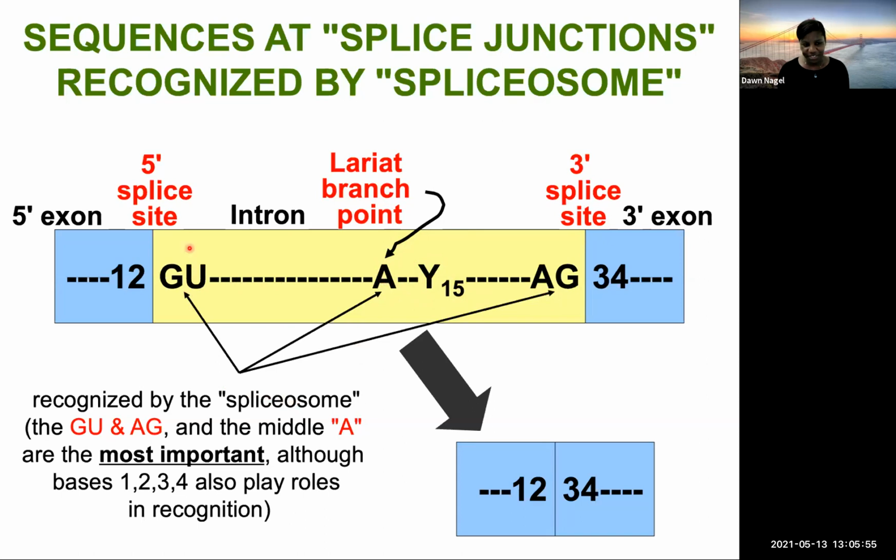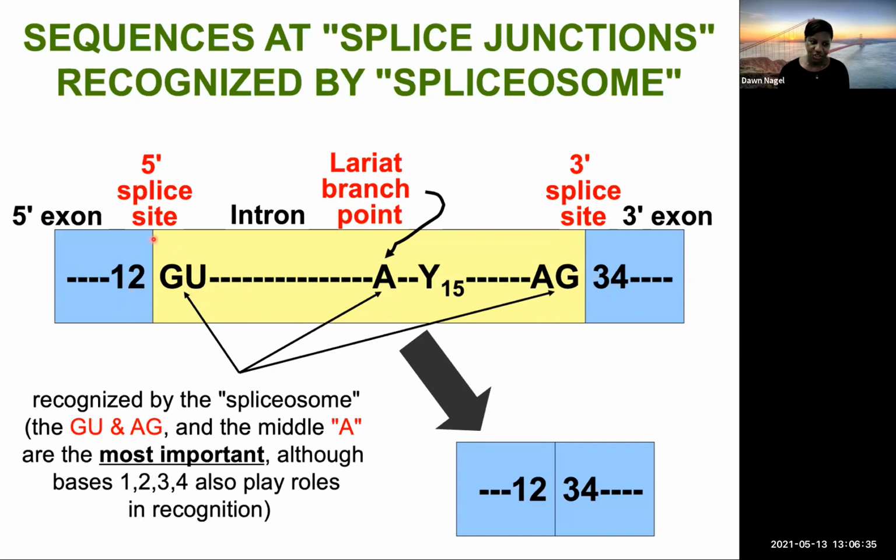If you were to go online right now and find a gene that has introns, what you will observe is that you always have particular bases that are common within that intron, right? At the 5' end of the intron, it's usually a G and a U. Because you're looking at DNA, it will be a G and a T, but in the RNA it will be G and U. And you also have a 3' site where you have an A and G. In the coding sequence, positions 1 and 2 or 3 and 4 are also important for recognition.